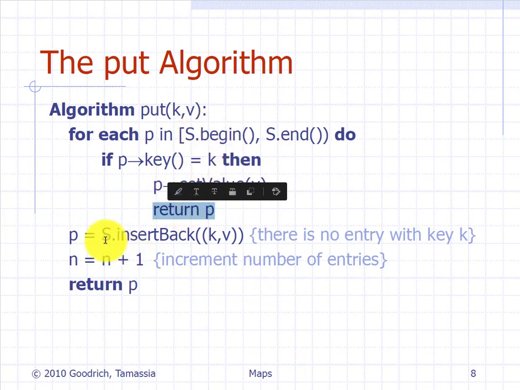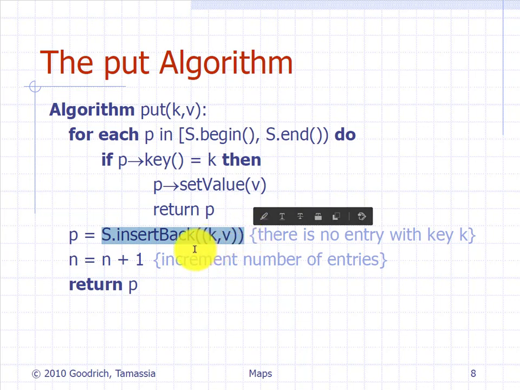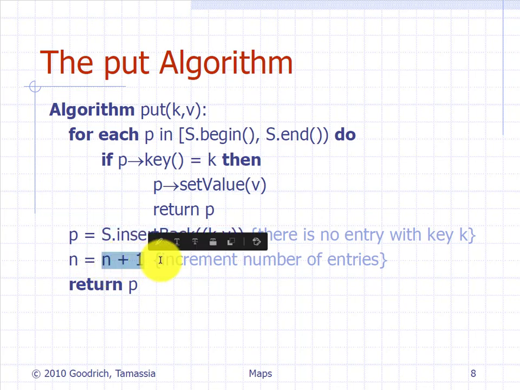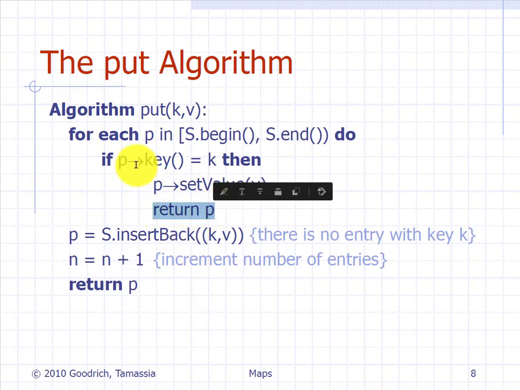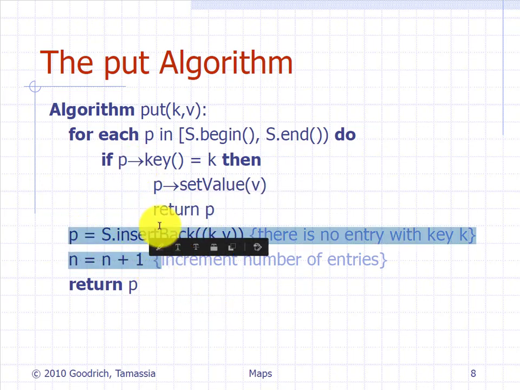If it's not there, then we can just insert at the back or insert at the front of our linked list. After we do that, we now need to increment. Remember that variable counter, which counts the number of entries inside of it. This is what we'll return when we call the size function to find out the size of the map. So n is equal to n plus 1 because we've now successfully inserted something in. If we returned at the earlier point, then these wouldn't have run, so we wouldn't be incrementing unnecessarily.